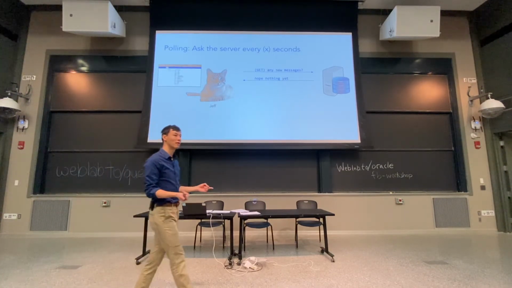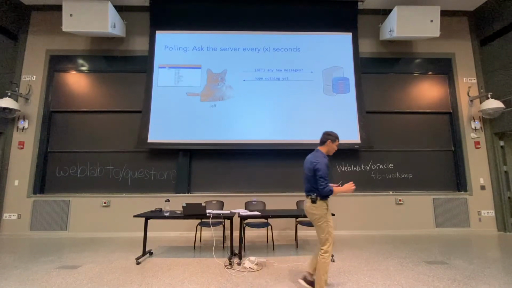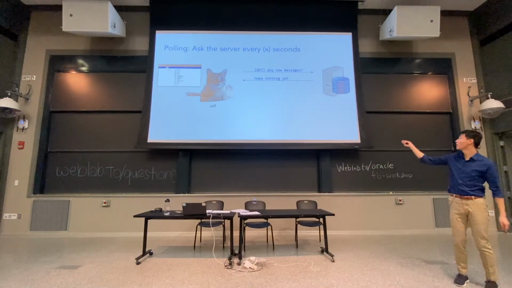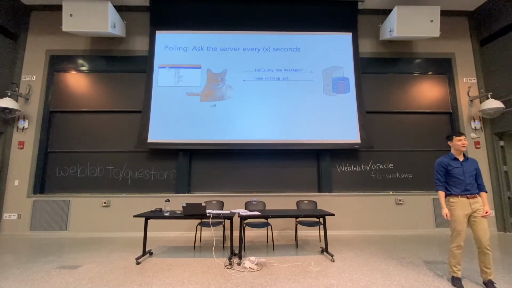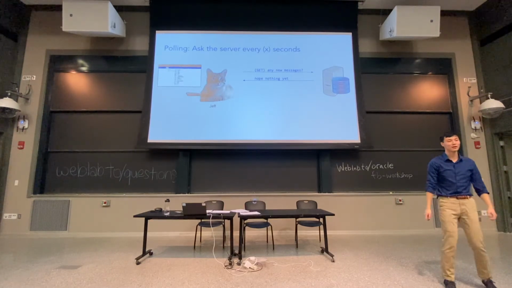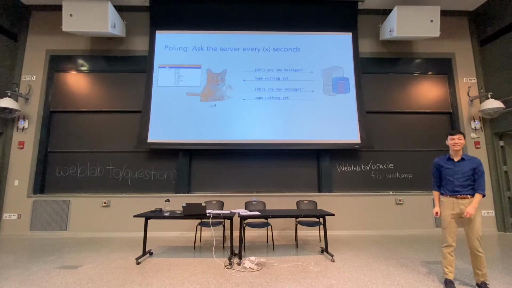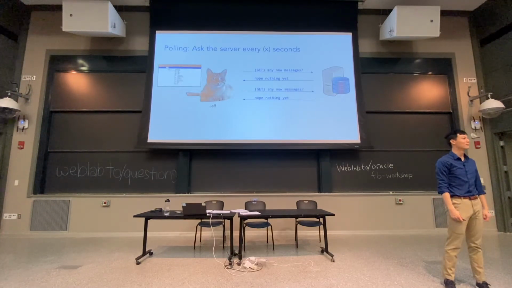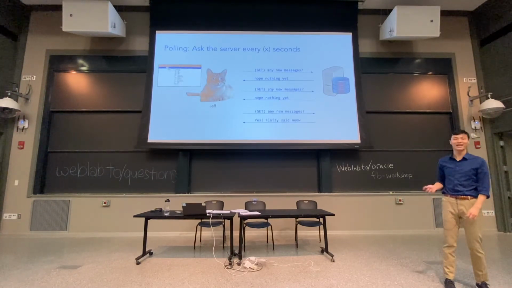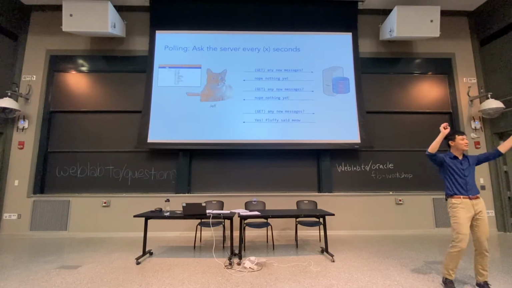It's called polling. Here's how that works. You have the server, and you have Jeff. Jeff asks, hey server, do we have any new messages yet? The server says, nope, not yet. A little later, Jeff asks again, got any messages? Nope, not yet. Then he asks, any new messages? And the server says, yeah, Fluffy just sent one.